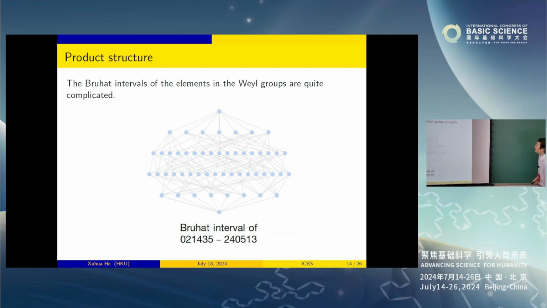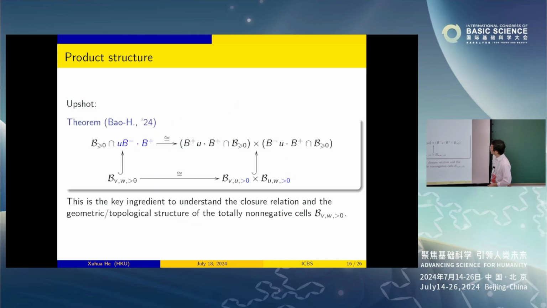The structure I want to mention, which I discovered in my joint work with Huanchen, is what we call the product structure. Let me first show you the final structure we have obtained.